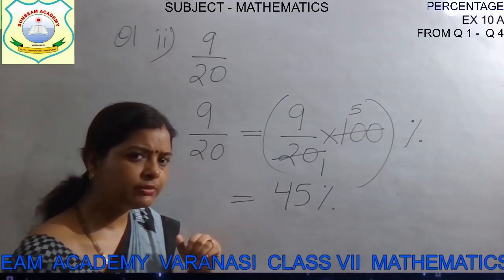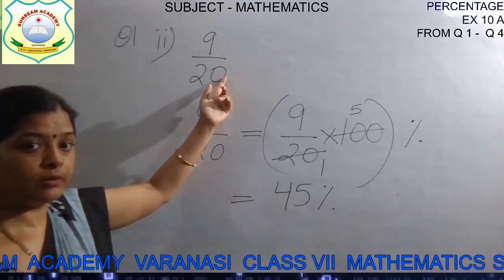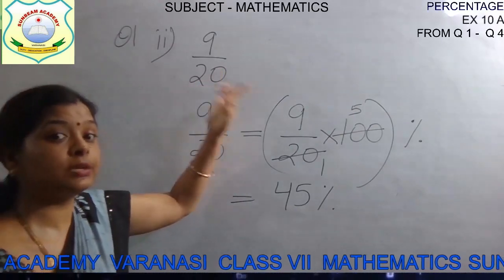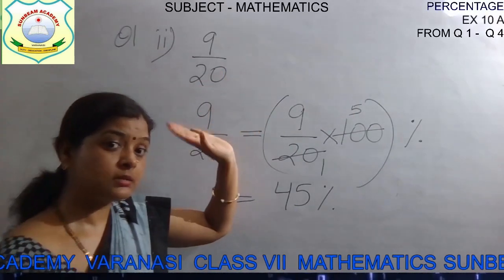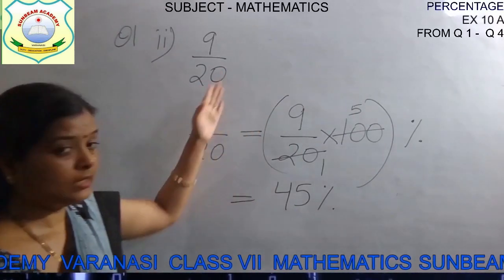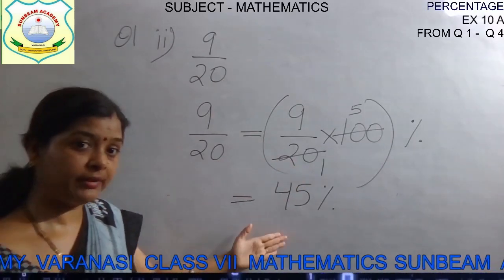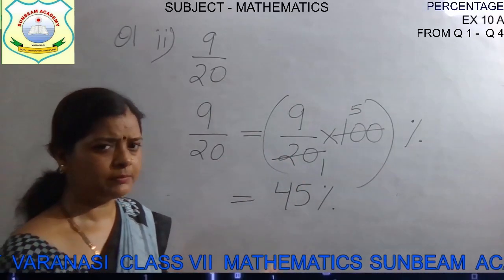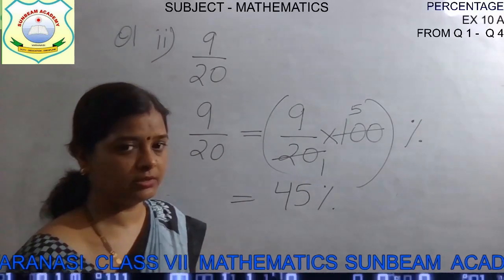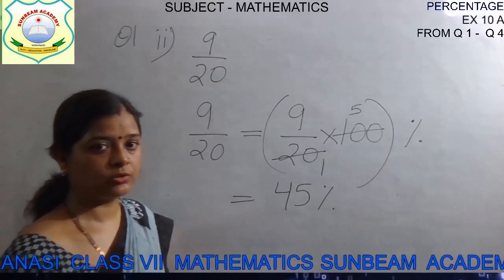So it is less than 50%. So in this way you can find how much percentage of chocolates is gone. Percentage is related to everything, children, in our daily life examples also.